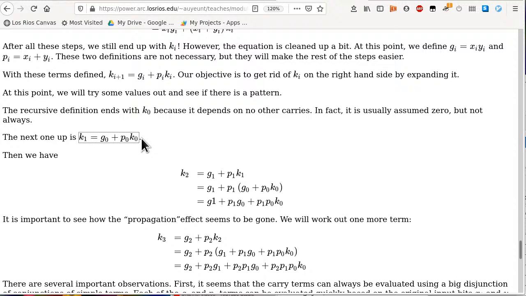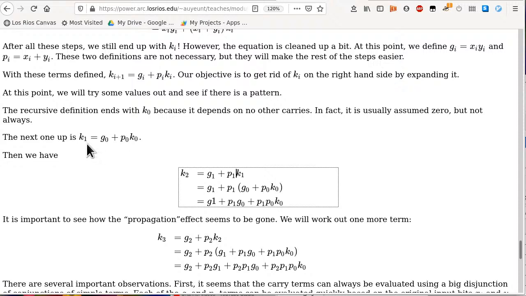And it's not surprising that k of 1 depends on k of 0, because after all, k of 0 is part of the input, so it wouldn't surprise us that the result of an addition depends on the input. But then we work on what if i equals 1. If we plug in i equals 1 in this equation, then we end up with this, which doesn't seem to solve the problem that we have, which is k of 2 depends on k of 1.